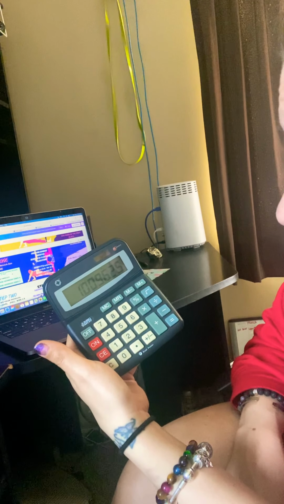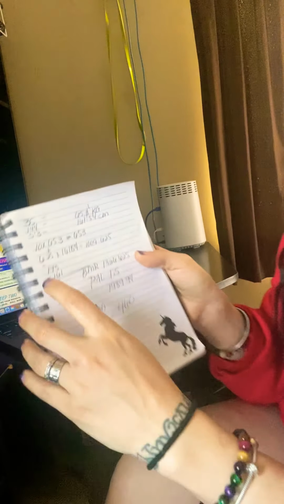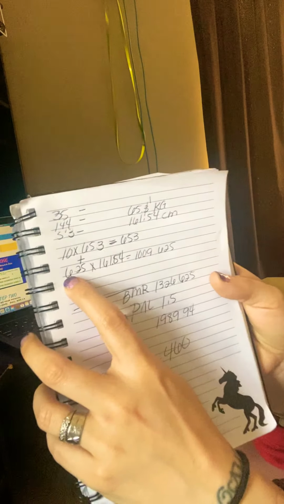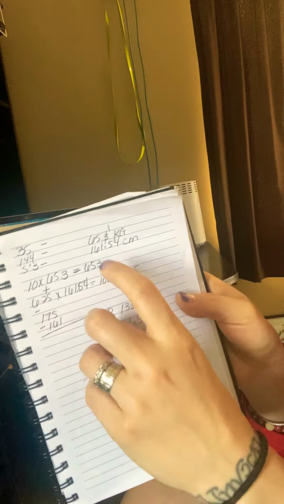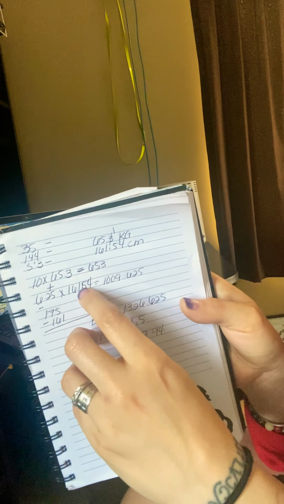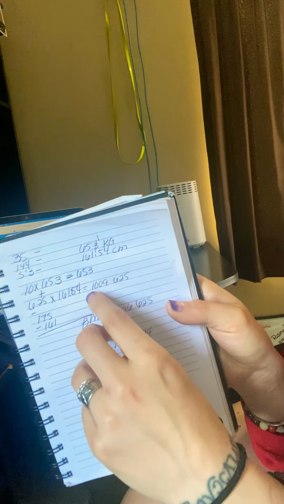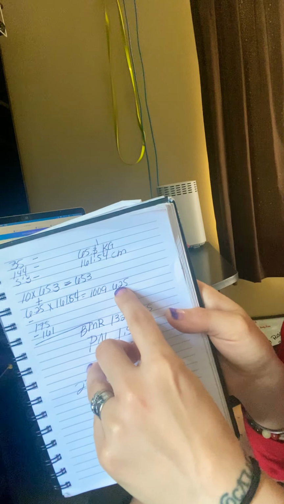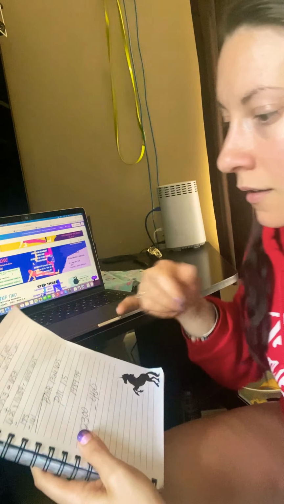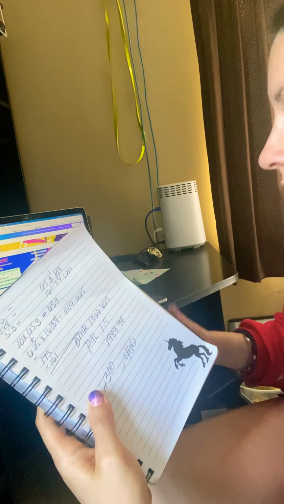So 6.25 times 161.54 gives me 1009.625. So we write that down: 6.25 times my centimeters, 161.54, equals 1009.625. All right, so we got those starting numbers.